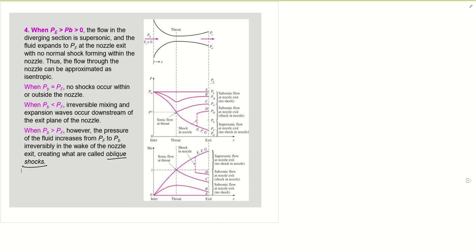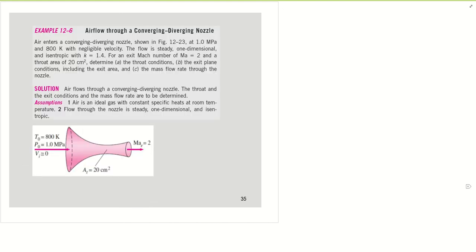To make this subtopic easier to understand, we try to answer this example. Air enters a converging-diverging nozzle, shown in this figure, at 1 megapascal and 800 Kelvin with negligible velocity.